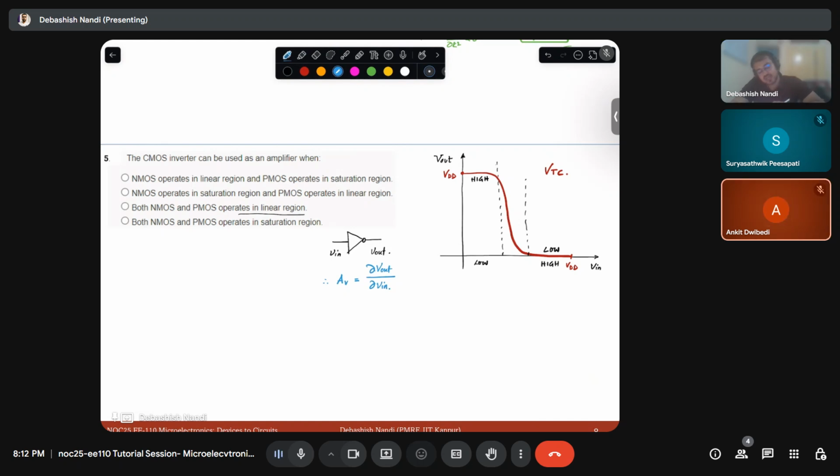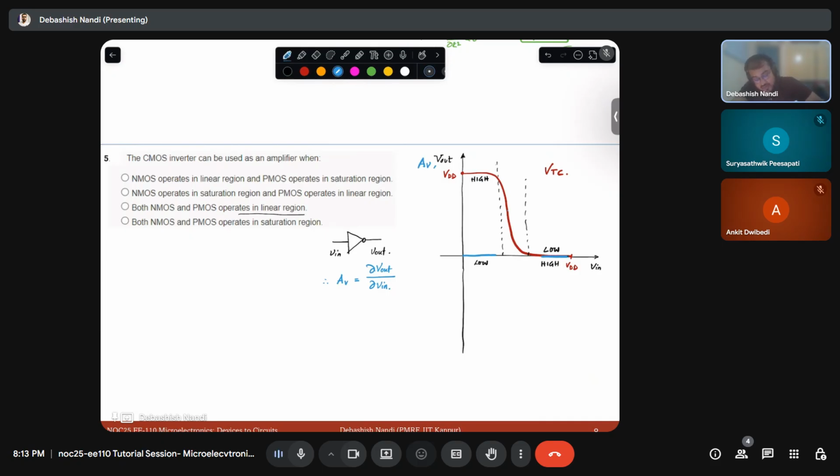So how will the derivative of this curve look like? If I draw it on the same scale, let's say I draw AV as well. How will AV look like? In this region it will be 0.